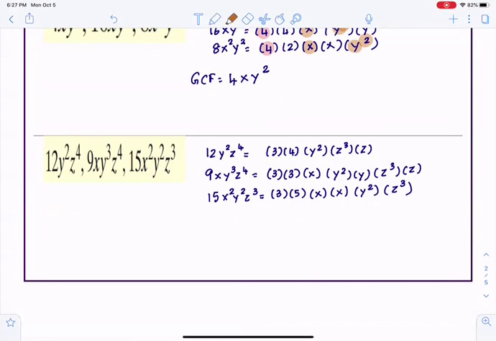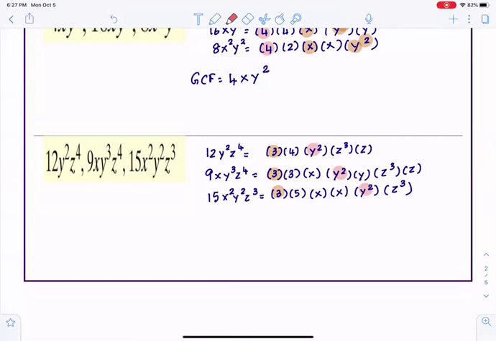Now we start comparing and hunt for the common factor. In terms of the numbers, 3 is common amongst those 3 expressions. In terms of the x variable, one of the terms doesn't even have an x, so clearly x cannot be a common factor. So we look for common factors in terms of y. I have y squared, y squared, y squared, that is in common.